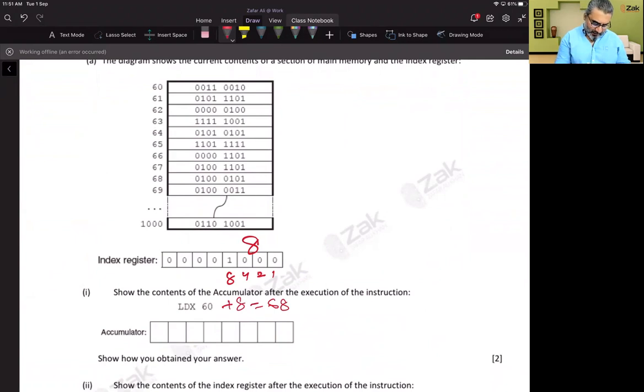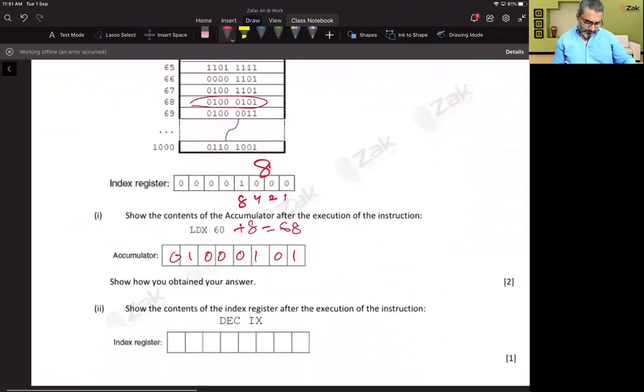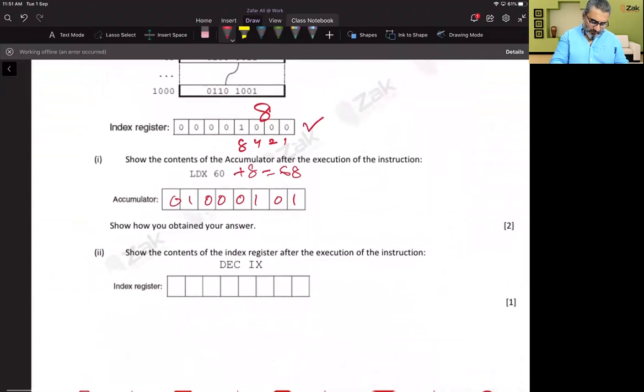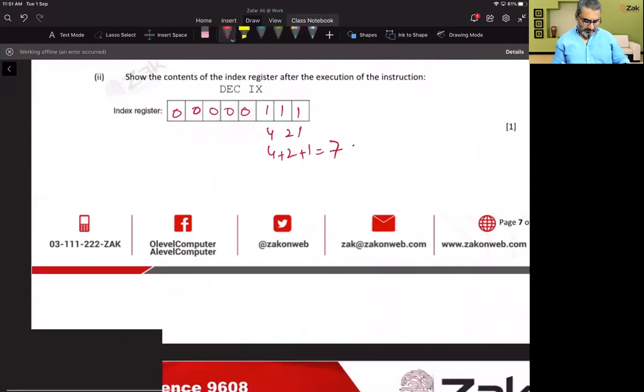So at 68, we have got this, 01000101. Decrease the index register. So the index register was 8. If we decrease it, it would become 7. 1, 2, 4. 4 plus 2 plus 1 is 7. Okay, so this is decreased.